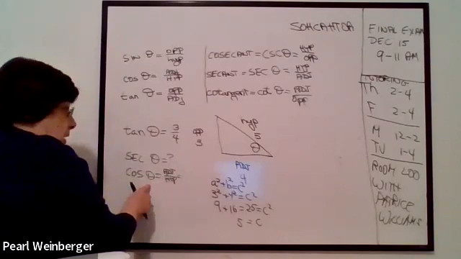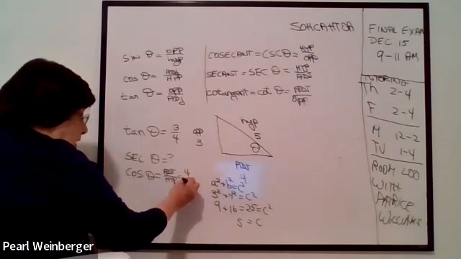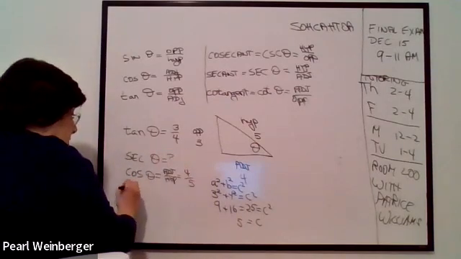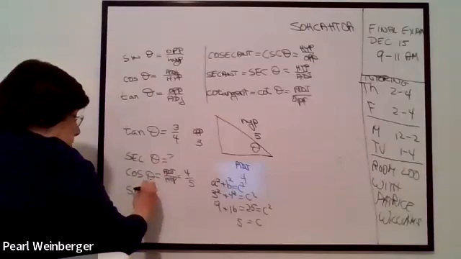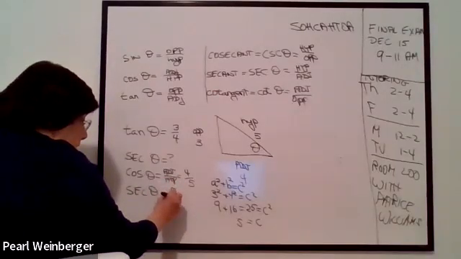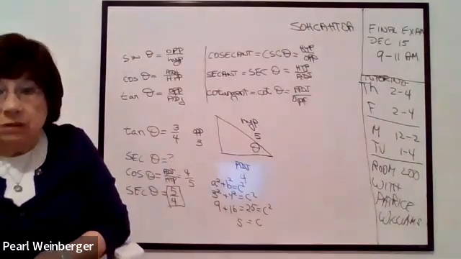So the cosine would be 4 over 5. So the secant then has to be its reciprocal, which is 5 over 4. So just that one little extra step to get the secant.